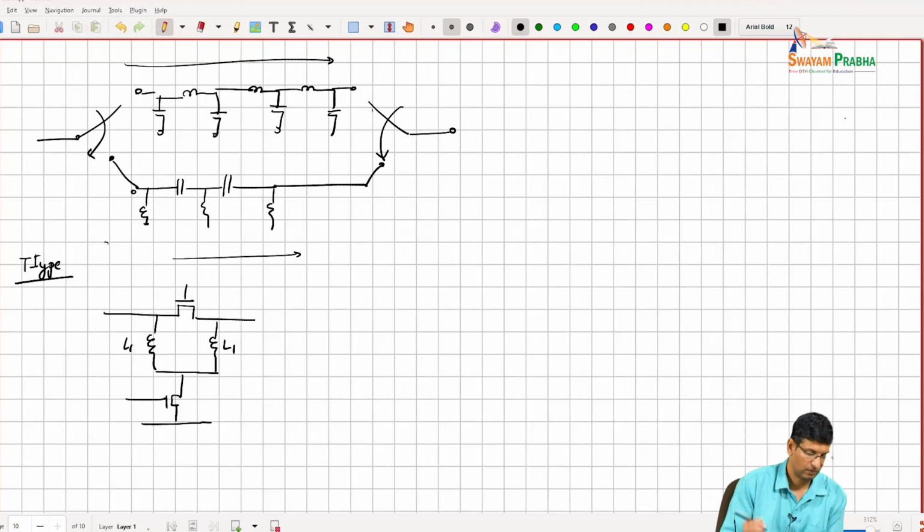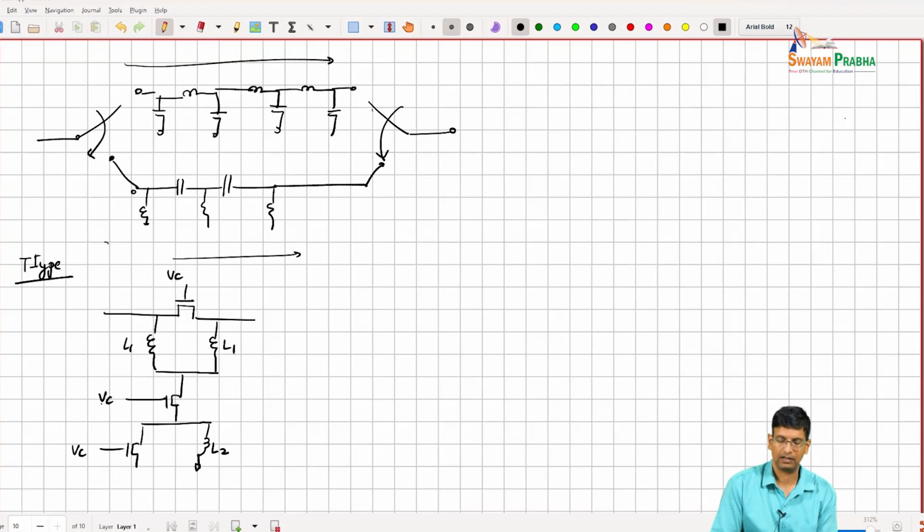And then you have another switch here just to get the resonance under control, though you can maybe live without some of these switches, but this is from a particular implementation, right? So this is VC, this is VC, and this is VC, right?